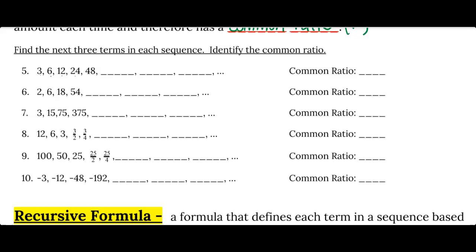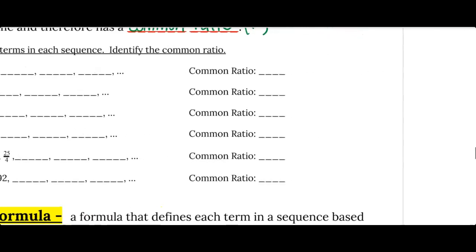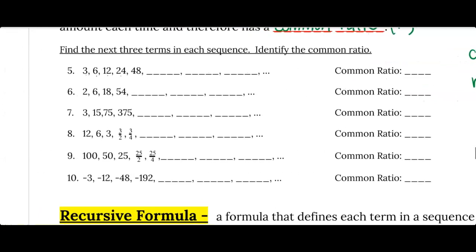If not, remember you can always go to the side, and your common ratio R is equal to term 2 divided by term 1. You always take the second term and divide it by the first term. And it doesn't necessarily have to be exactly term 2. It's just the term after divided by the term before.